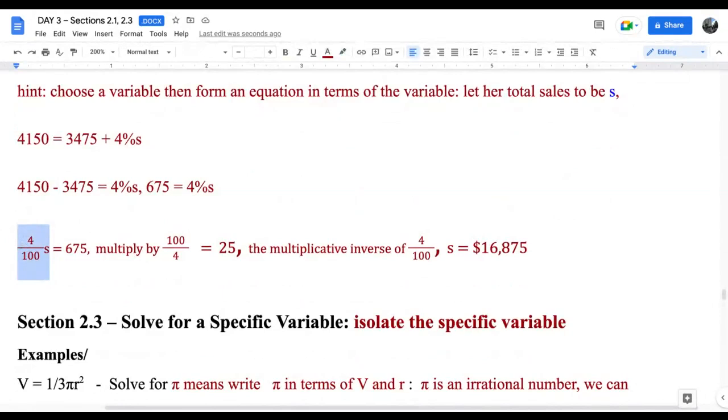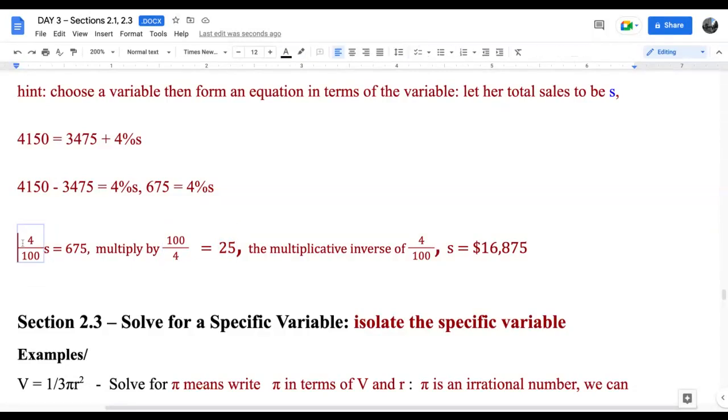S equals 675. Or we multiply by its multiplicative inverse, or its reciprocal. We multiply the reciprocal of 4 over 100, which is 100 over 4. 100 over 4, which is 25. So we multiply 25 on both sides.